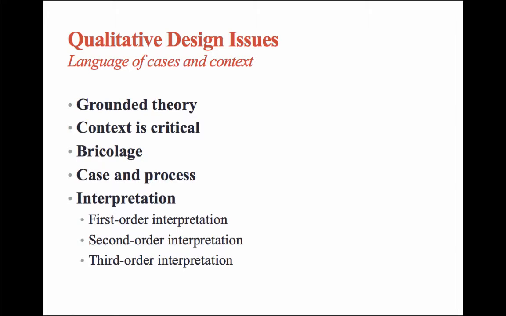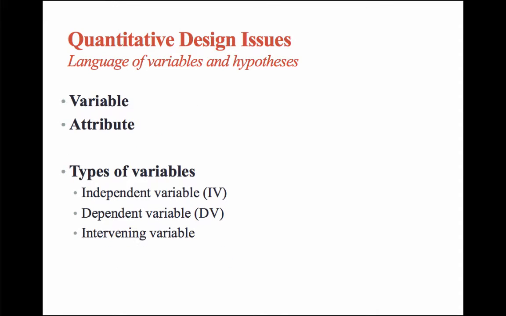And then finally, in the third order interpretation, what I'm looking at here is the readers of the research report are actually making the qualitative interpretations of the process that's going on.